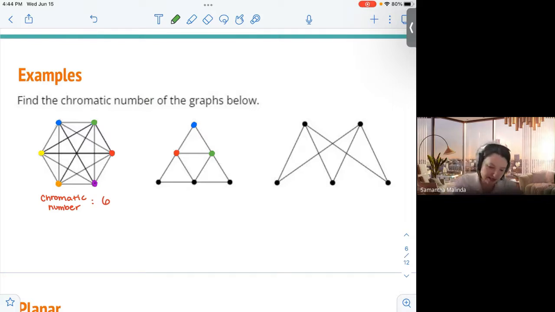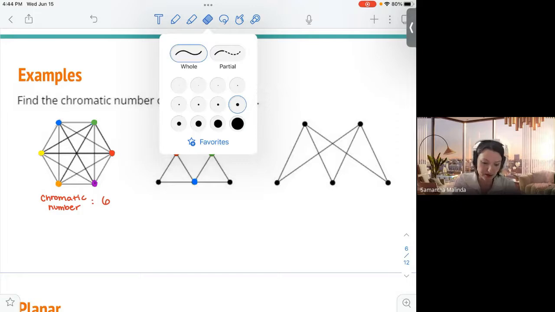So if we look at this next vertex right here, as you see, it's connected to the red dot and the green dot and 2 other black dots that we have not given a color yet. Because it's connected to the red and the green, but not connected to the blue, I can actually duplicate the blue, which is nice because that makes sure that I'm getting the lowest number possible.